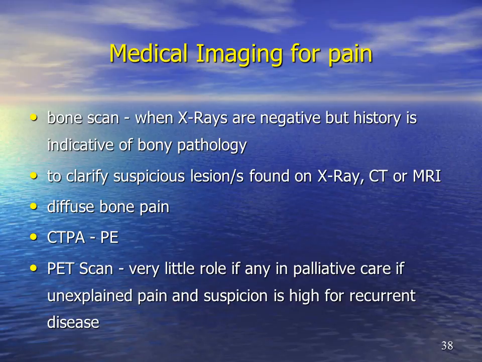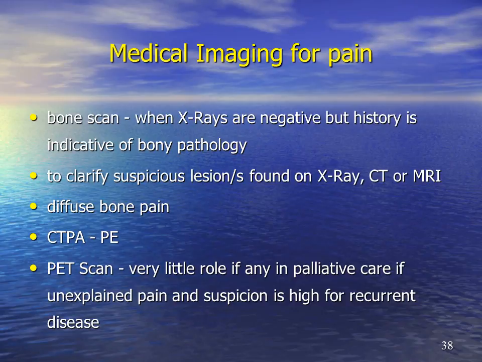If there are suspicious lesions found on a plain x-ray or a CT or even an MRI, then a bone scan may be quite useful, particularly if the bone scan then shows up multiple lesions. If one suspects a pulmonary embolism, then obviously a CTPA is the imaging of choice, and the role of PET scan is really very limited in the palliative patient.